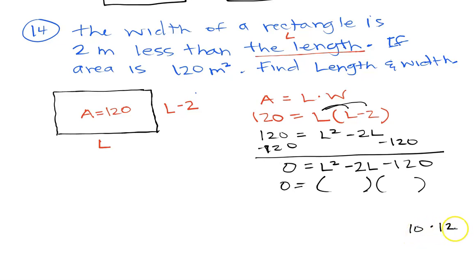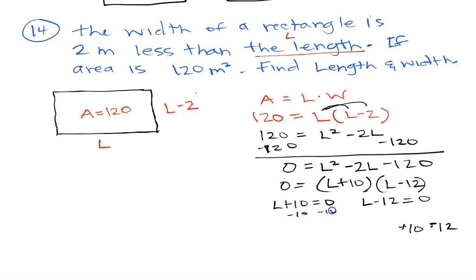But how could I end up with a negative 2 in the middle? I'd need to have my 12 as negative and my 10 as positive. So I have L plus 10 and L minus 12. Then set each of those equal to 0 and solve. L plus 10 equals 0, L minus 12 equals 0.